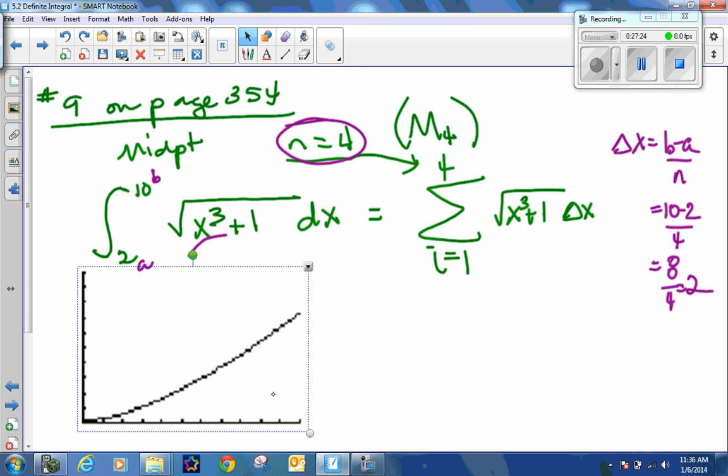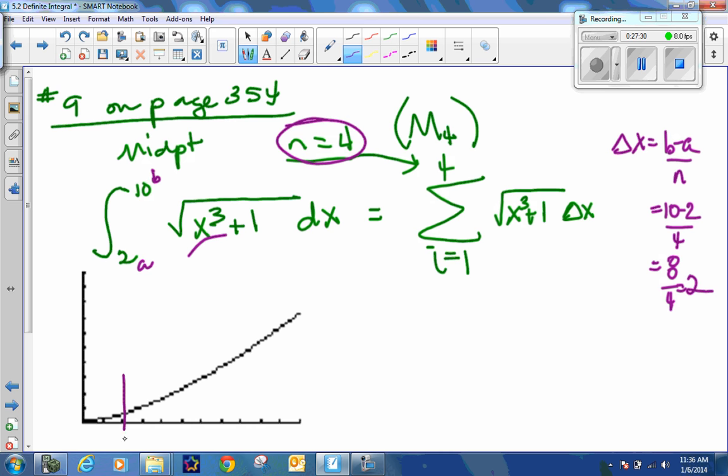All right, so we're starting with 2 and going to 10, every 2. So 2, 4, 6. Now, we're doing a midpoint, so this actually is our height that we're going to use.